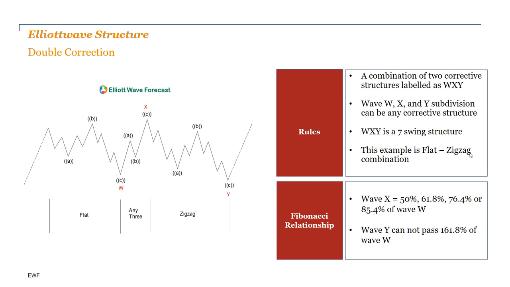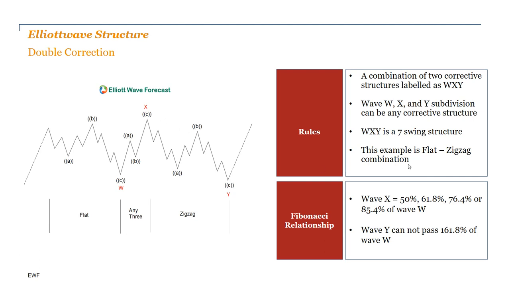And then lastly, we have a WXY itself as a corrective structure. The definition of WXY is a combination of two corrective structures, and that is what WXY is. So the internal subdivision of this leg and this leg pretty much can be any corrective structures.